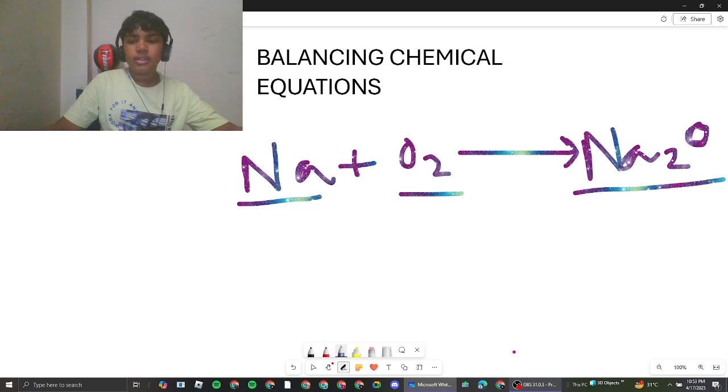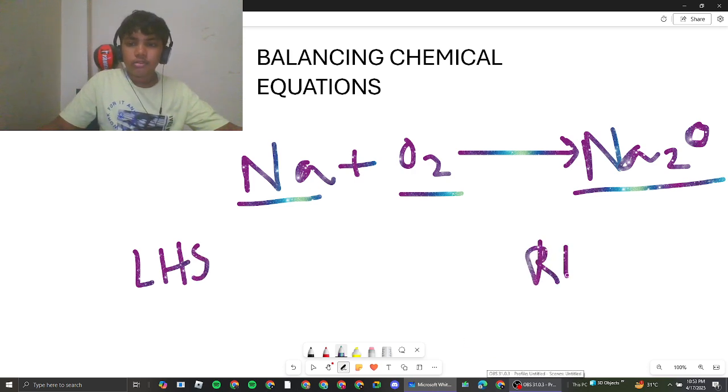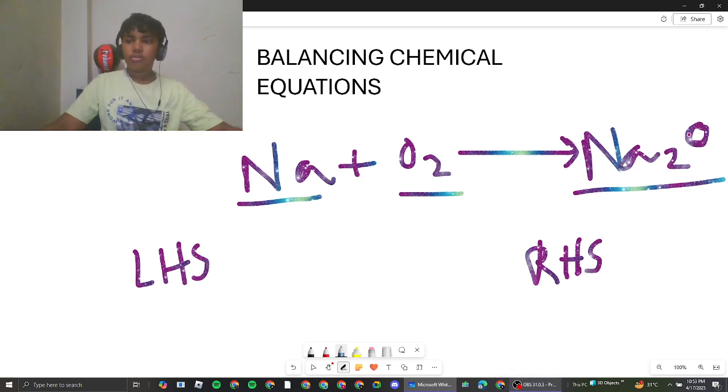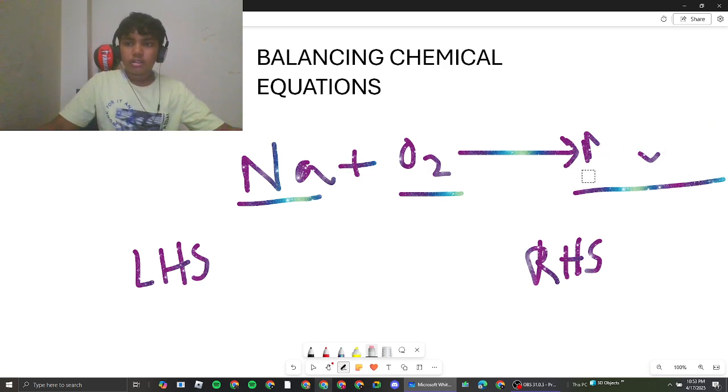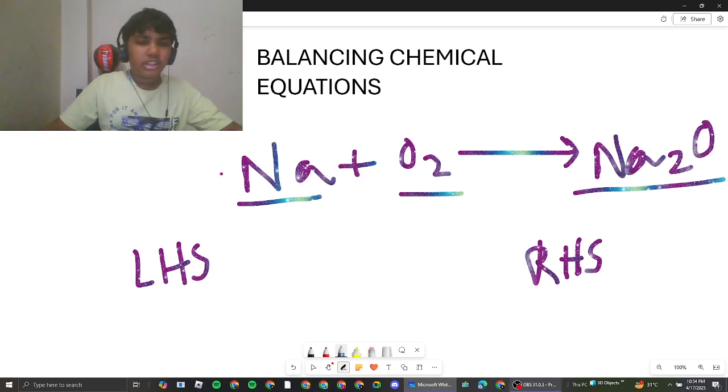So we have to make sure the atoms are equal. Let's see the atoms on both sides first. This is Na2O, sodium oxide. Now check here.